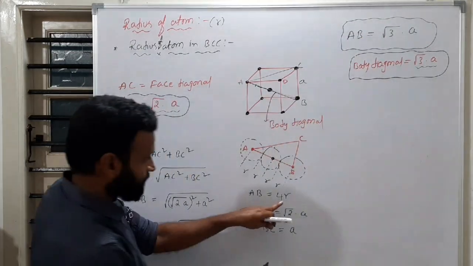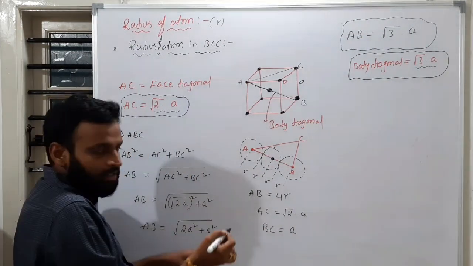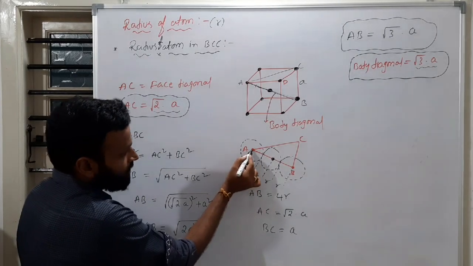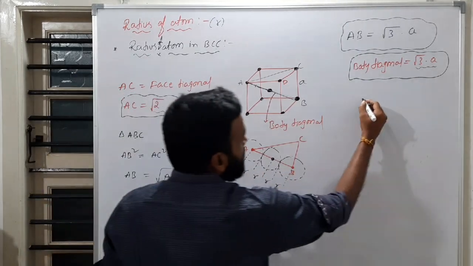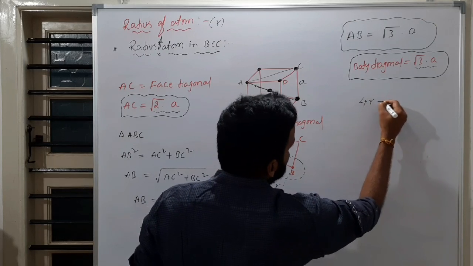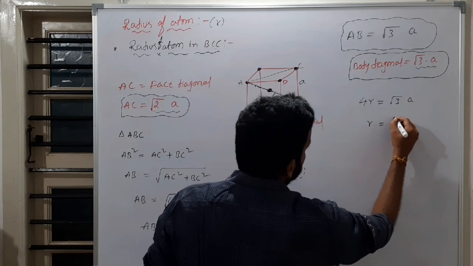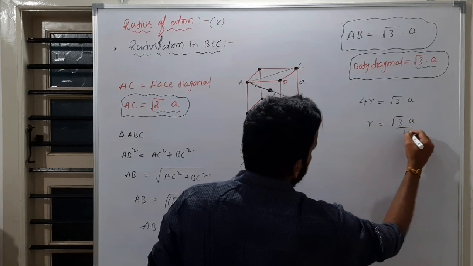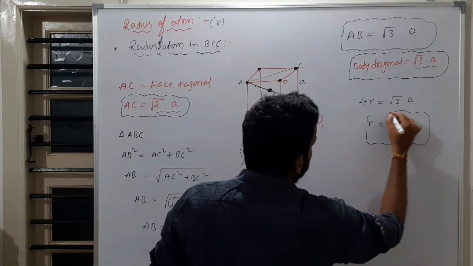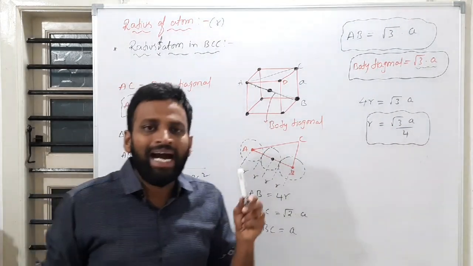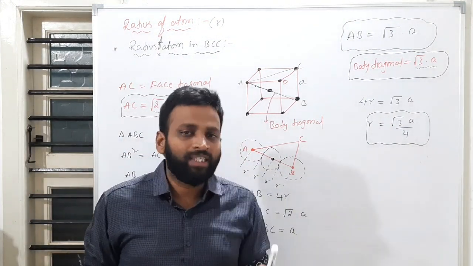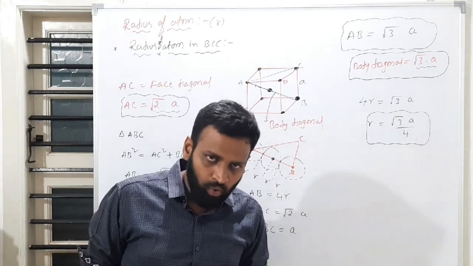So now what is AB? AB is 4R, because atoms are present at two corners and one body center. Therefore 4r is equal to root 3 into a. So r is equal to root 3a by 4. In the previous cases, for simple cubic r is equal to a by 2. For FCC r is equal to a by 2 root 2.